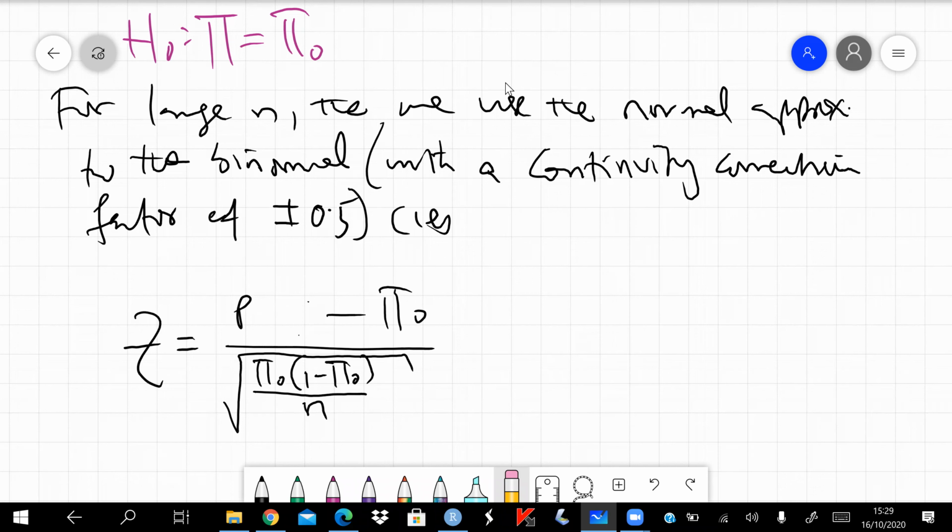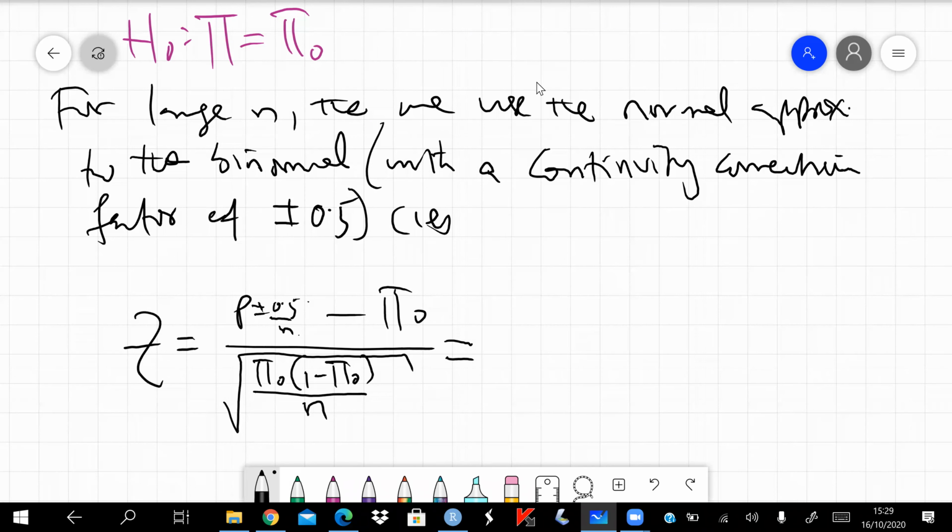But because we are estimating a discrete variable with a continuous variable, we are adding the continuity correction factor here. In this case, it will be plus or minus 0.5 over n.